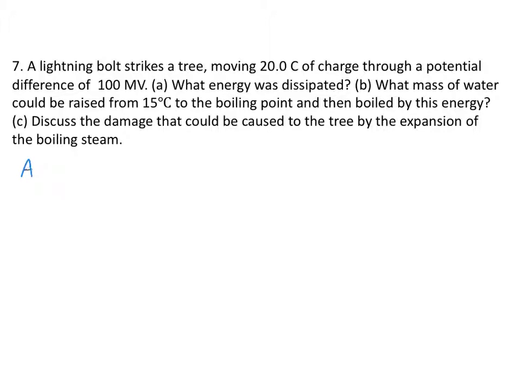All right, let's just start at the beginning here. So your energy, all right, this is going to be the change in potential energy, which is going to be QV.